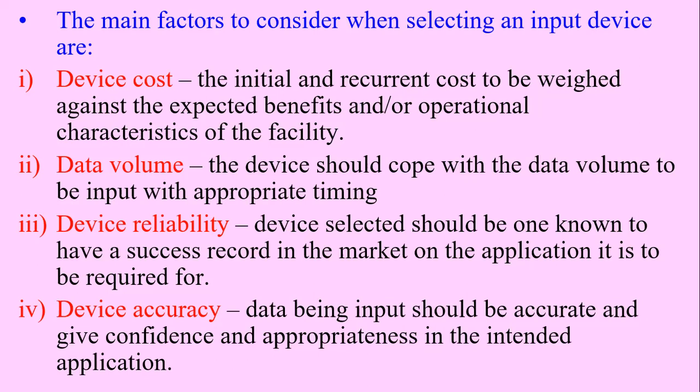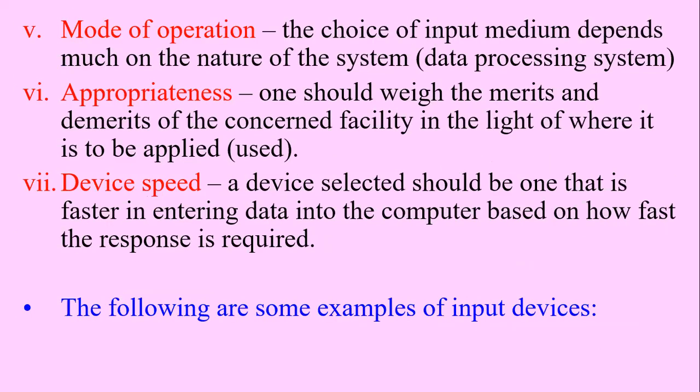The next factor is device accuracy. The data being input should be accurate and give confidence and appropriateness in the intended application. The fifth factor is the mode of operation. The choice of input medium to be used should depend much on the nature of the system, that is the data processing system. The sixth factor is appropriateness.